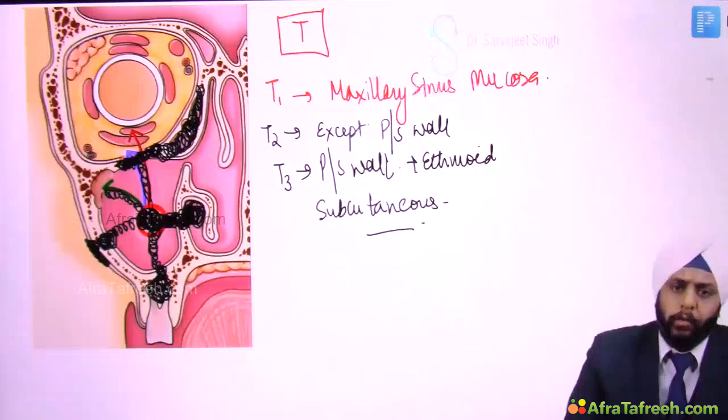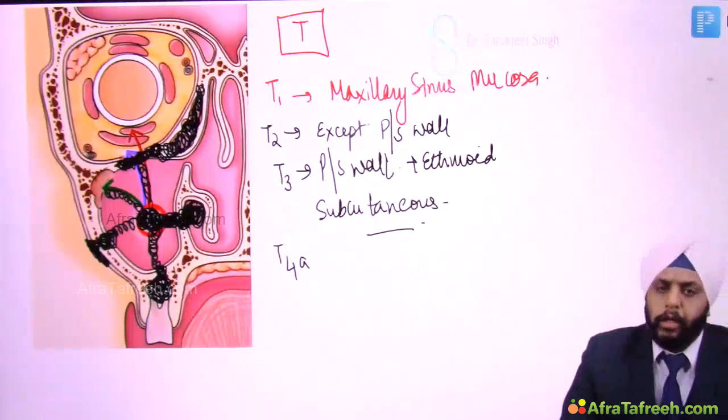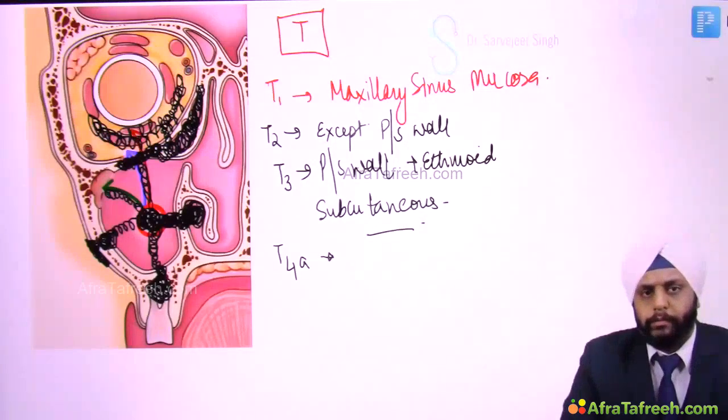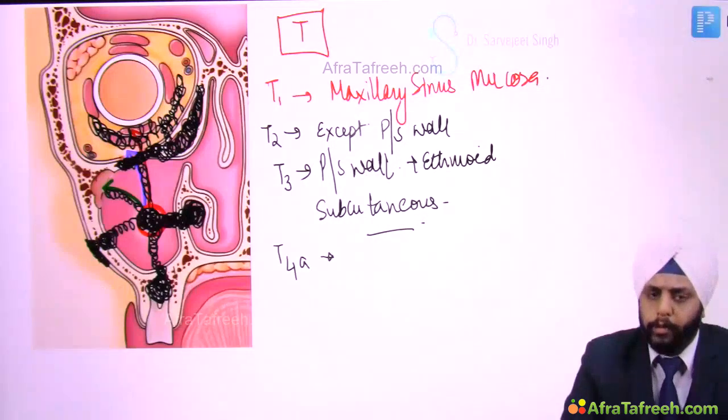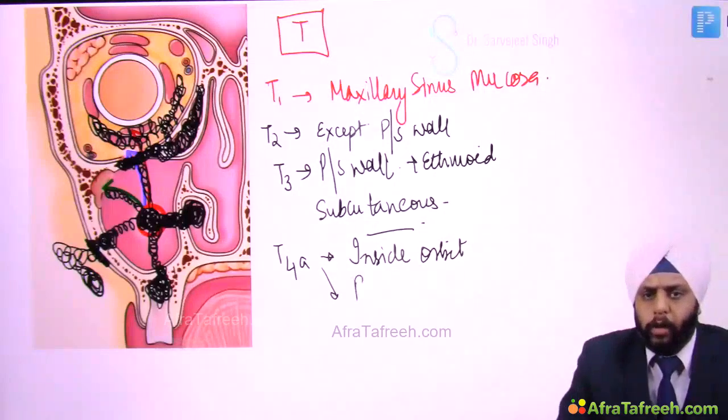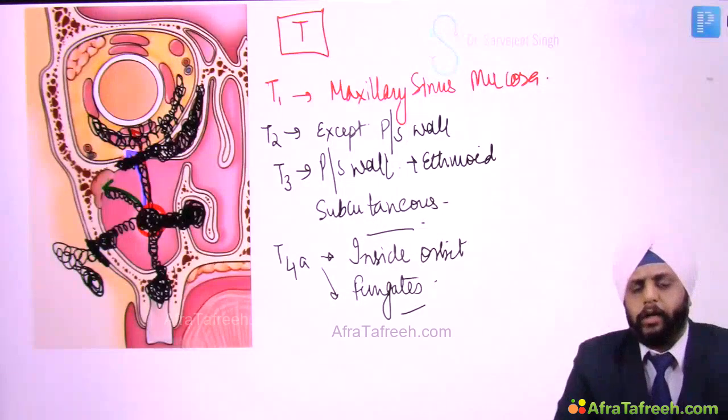Now in the T4A, what happens? This malignancy goes inside the orbit. So the eyeball is involved, it is inside the orbit. Or it may fungate and come out into the face. So you can see that there is an ulcer on the face.